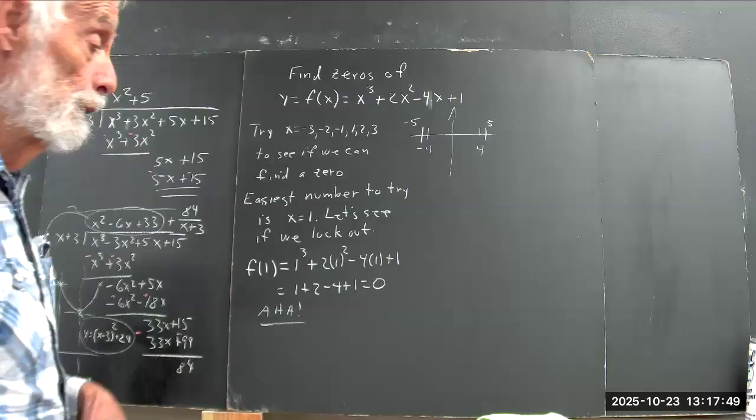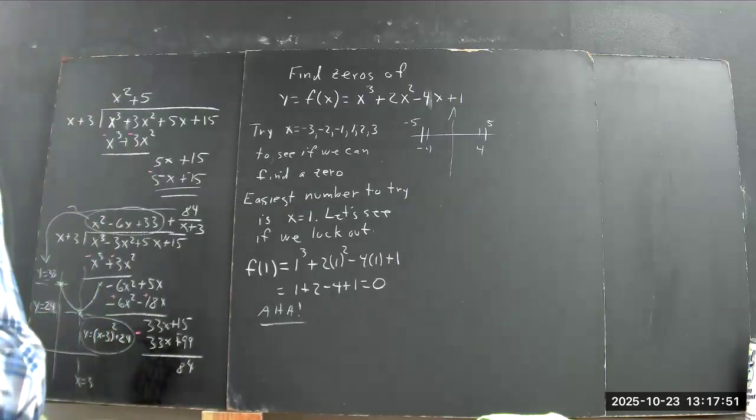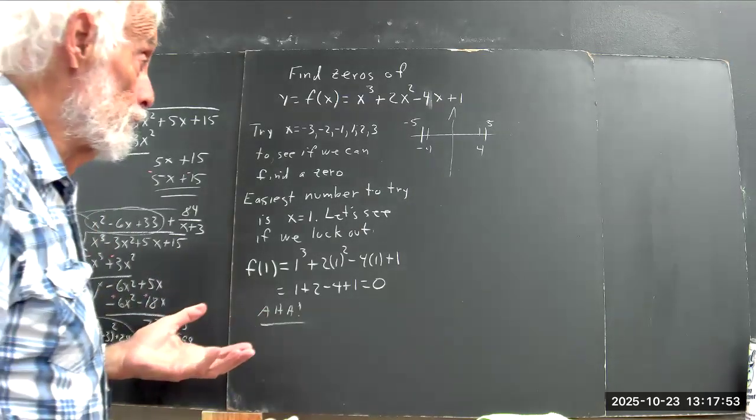Without thinking anything more through, let's see what the other zeros are. We've got 1 zero. We can find the rest of the zeros.